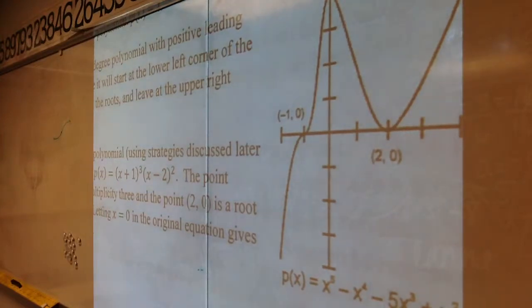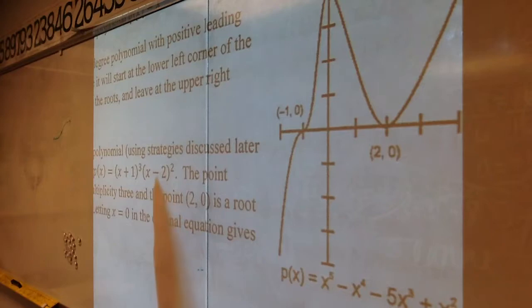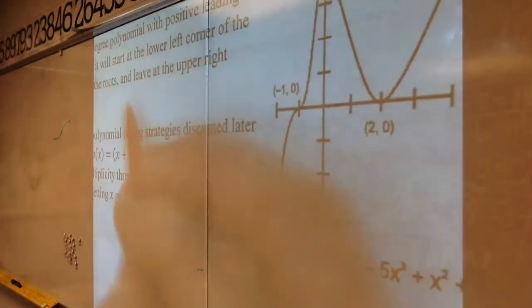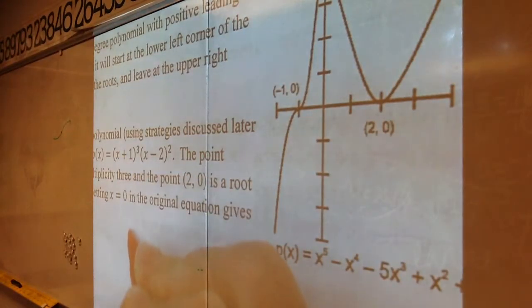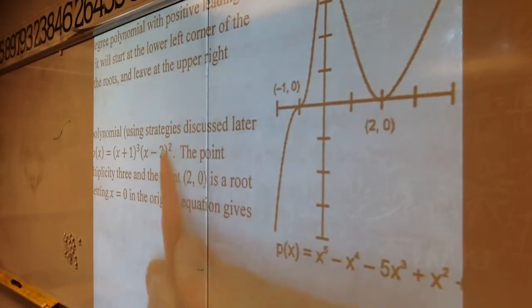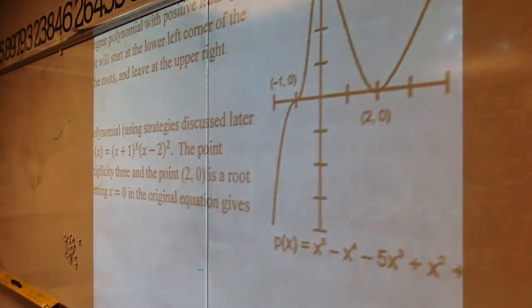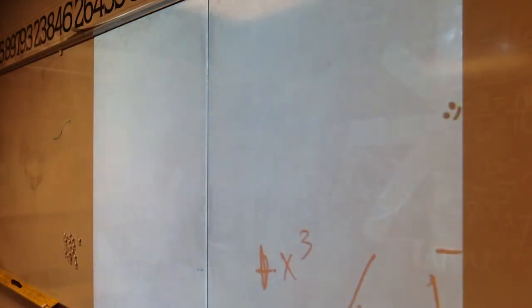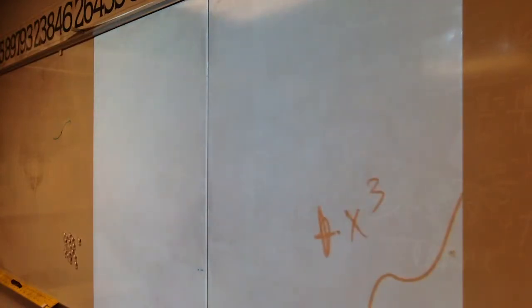Oh, it'd be squared, so yeah, it would be 4. If you plug in 0 for x, it'd be 1 to the third, which is 1, times negative 2 squared, which is positive 4, so it is right. I told you yesterday to put the multiplier in front to make the y-intercept correct.